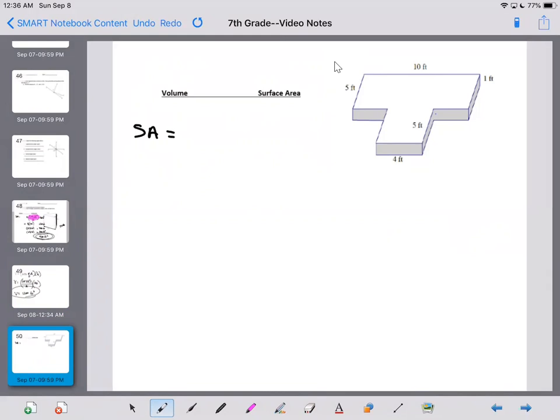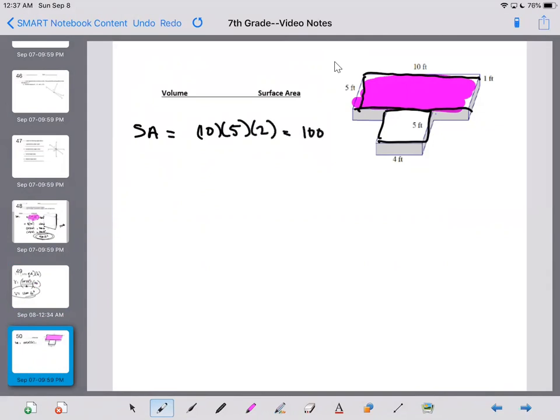So this top piece should be a 10 by 5, and I'm just going to cut it into sections. Well, if we look at this, remember, we're dealing with a 10 by 5, but we've got 2 of them. So that's going to be 100 square feet. So 10 times 5 is 50, but I need the bottom half of it as well.